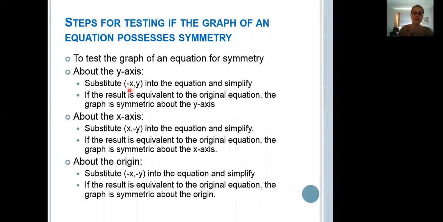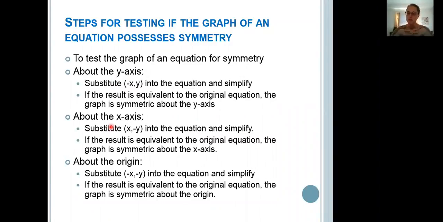We replace our x's with negative x and simplify. If we end up with the same thing that we started with, then our graph is symmetrical about the y-axis, just like our points.